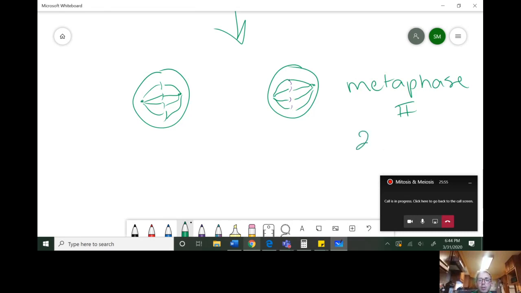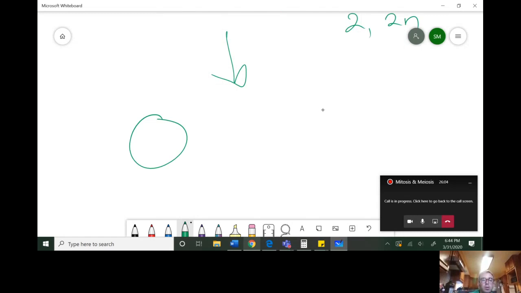It's still 2 of our 2n daughter cells. And now what's going to happen is that these daughter cells are going to pull little pieces of our original 2n cells.